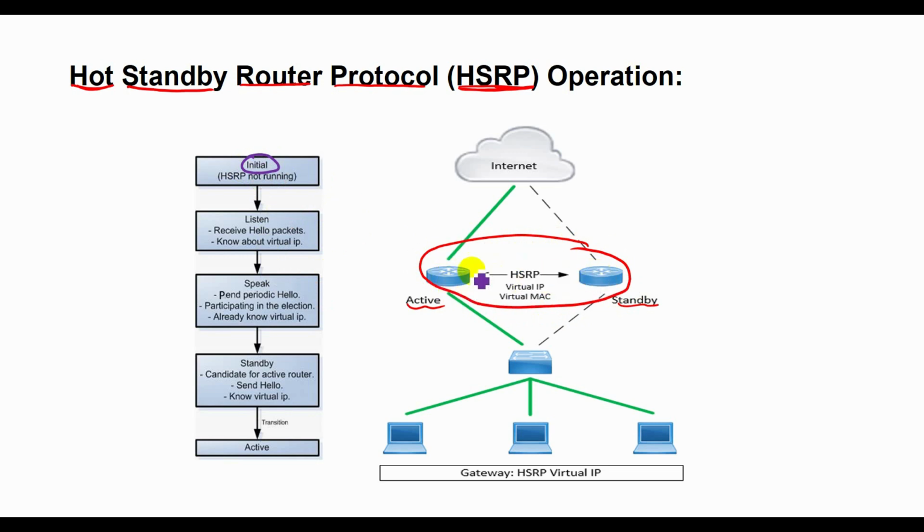You will see this just after you configured HSRP or when the interface just got enabled. Listen state. In this state, the router knows the virtual IP address and will listen for hello messages from other HSRP routers. Speak state.